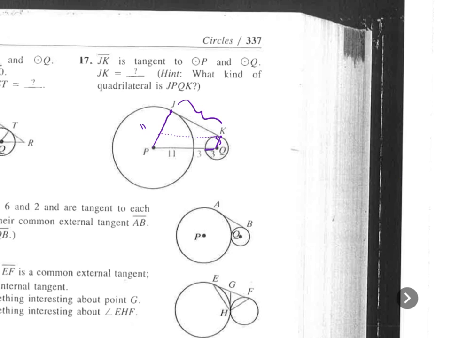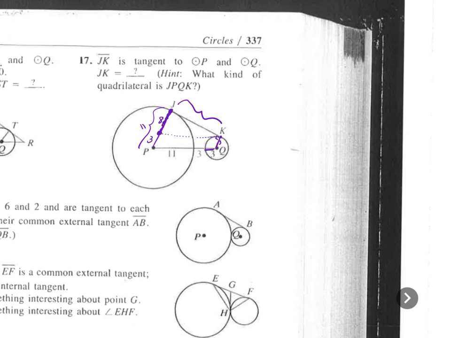Now, when I do that, I've created this parallelogram, and that means this opposite side over here is 3. So for that whole 11, 11 minus 3 is going to give me 8 for this segment.